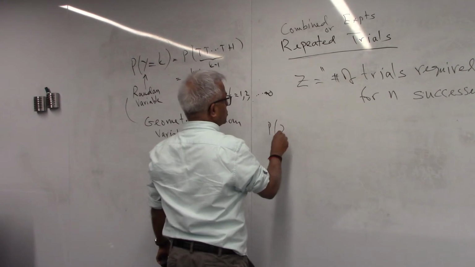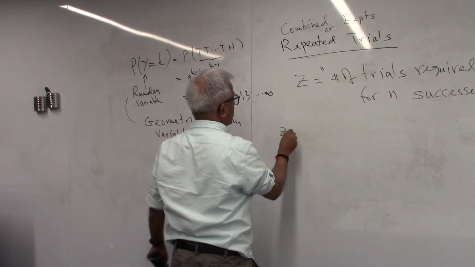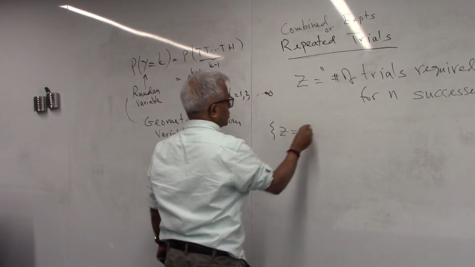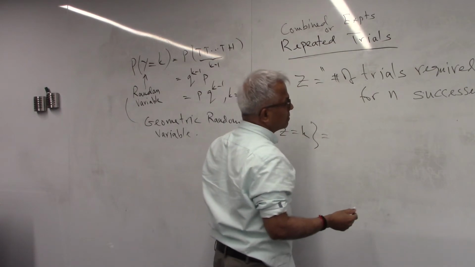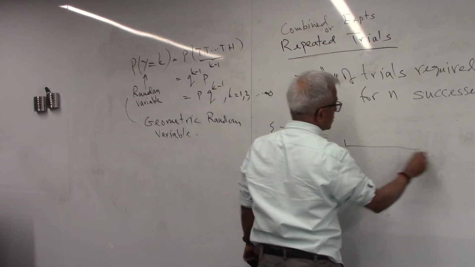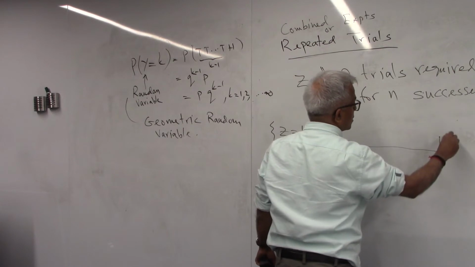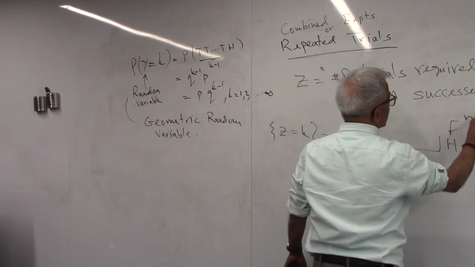So the question is, what is the probability that Z equal to k? What that means is, you have the last one is a success, and you want this to be the nth success.